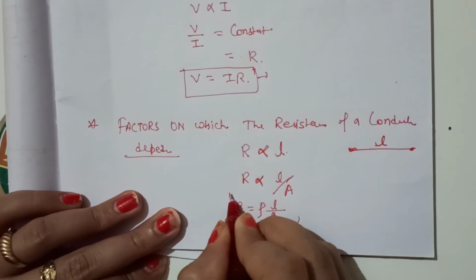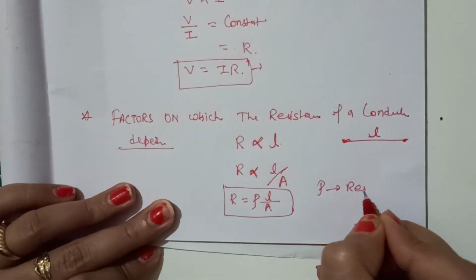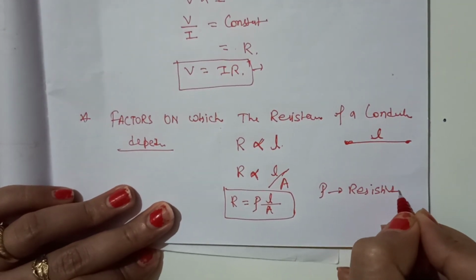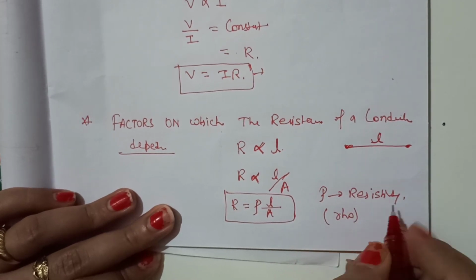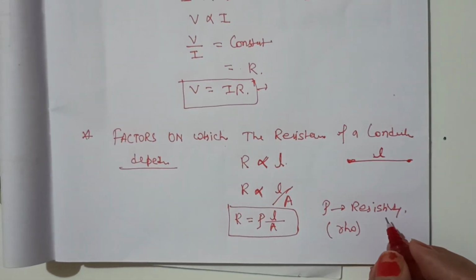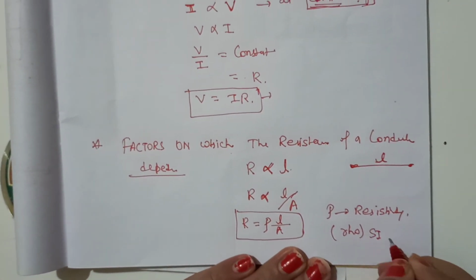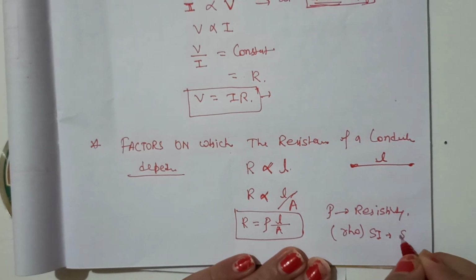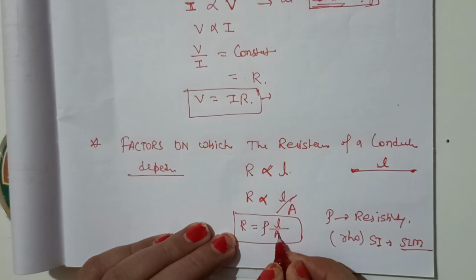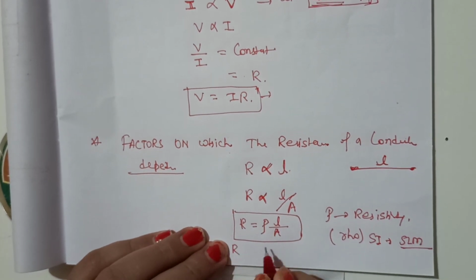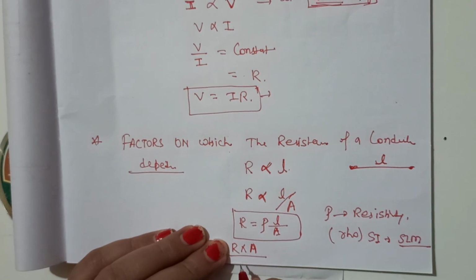This rho is the resistivity, the proportionality constant. The SI unit will be ohm meter. You can find this: R into A divided by length.